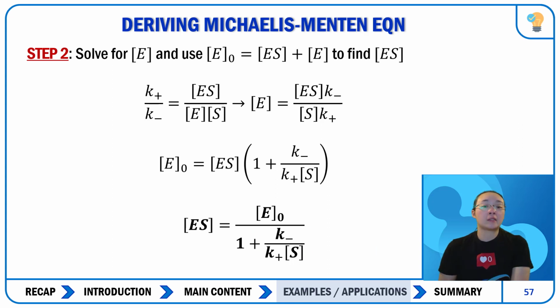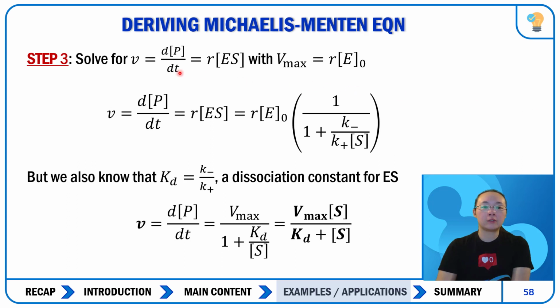So what do we do next? We now have ES, but we also know that dP over dt was equal to R times ES. So why don't we plug it in directly? We have V equals dP over dt equals R times ES. We just solve for ES, so we replace it with the whole thing. We also know that KD is equal to K negative over K plus.